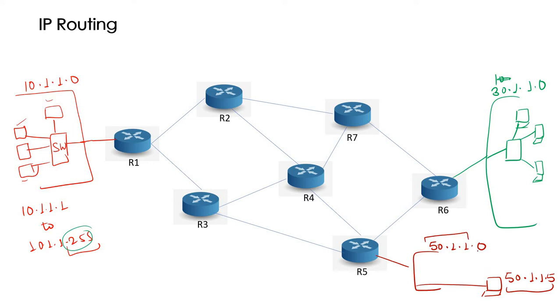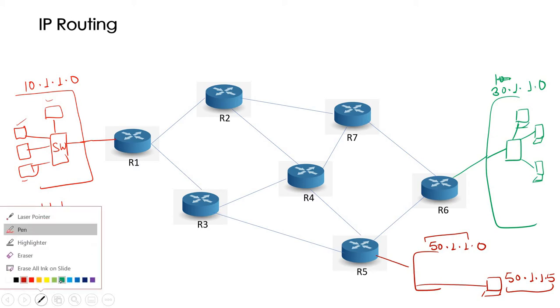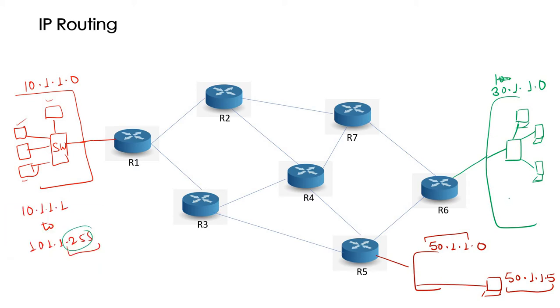So we have taken the first 3 octets same, and the last octet, based on the computer IP address, can change. One of the computers will be having 30.1.1.5 in this network.